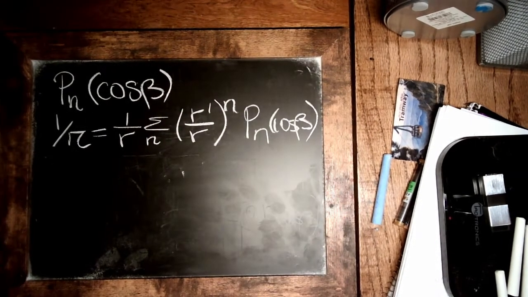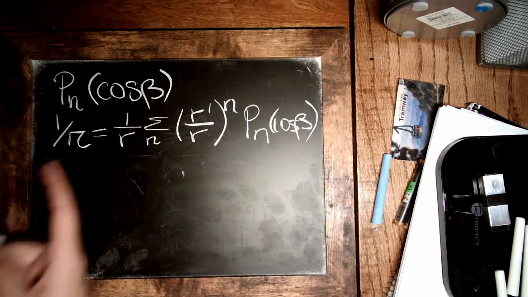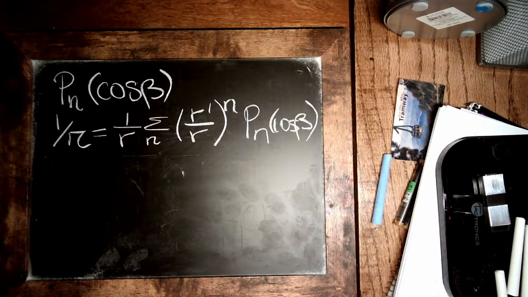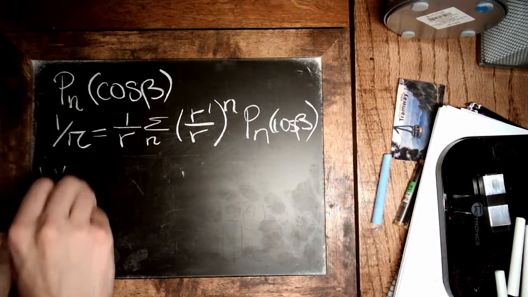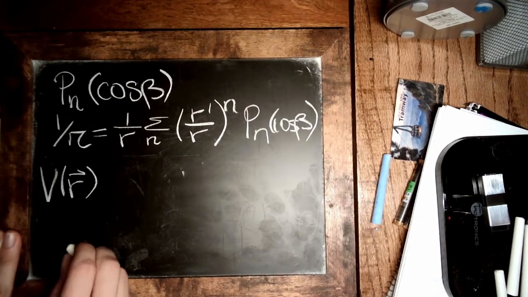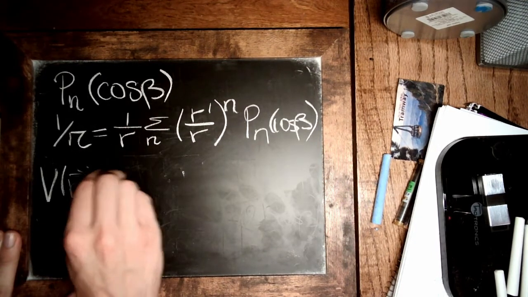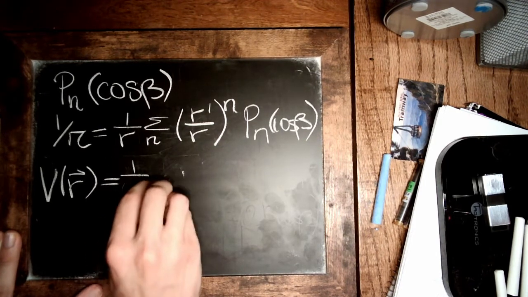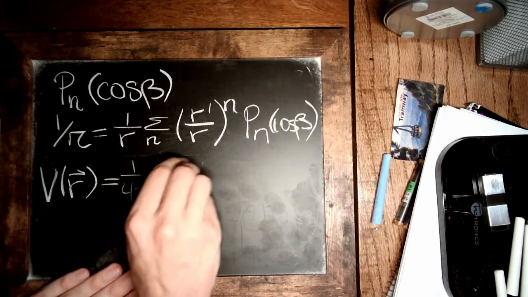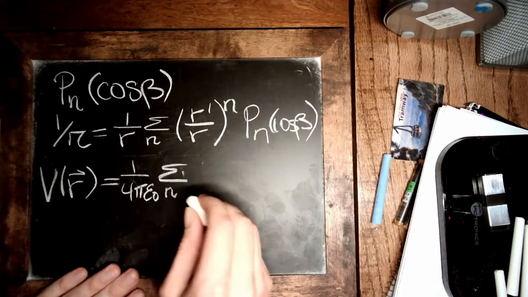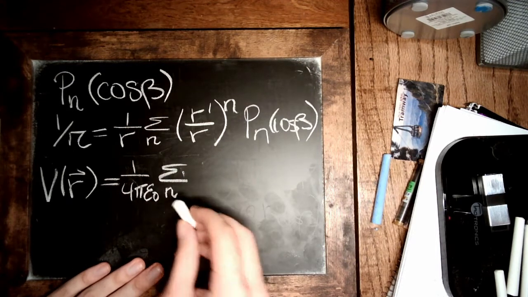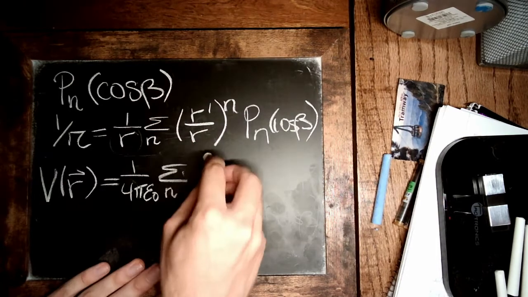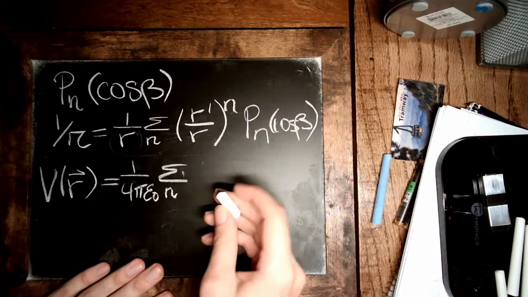Now that's just lovely. We can introduce this into our equation for the potential. So the potential at a point r is equal to the familiar constants, sum over n. As you see, we have 1 power of r here. We'll get n powers of r there.